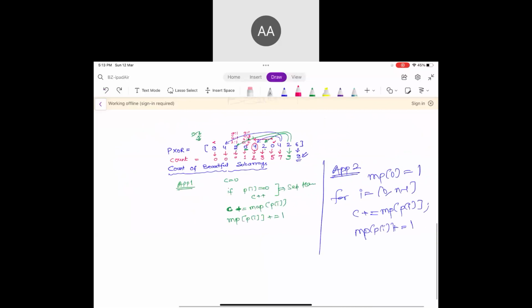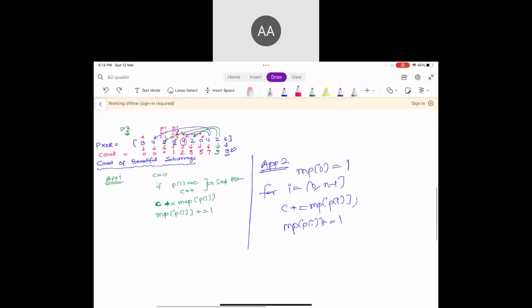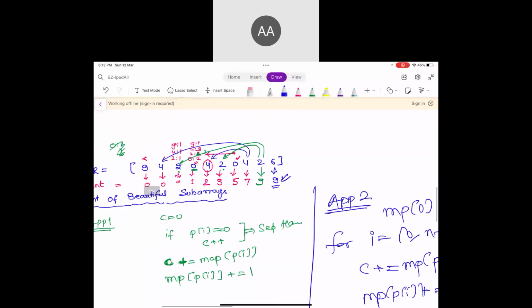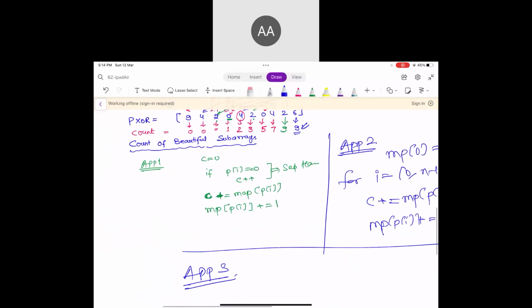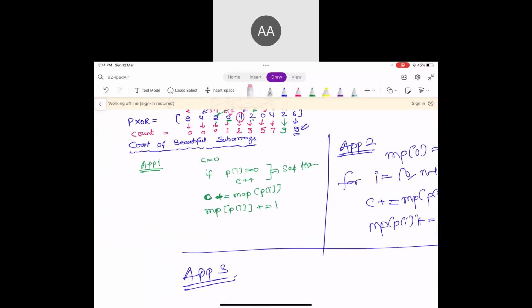There is a third idea also that we can do. What we can do is just loop over the prefix array and count the frequency of everyone. So if we loop over the prefix array, what is the frequency of 9? How many times is 9 occurring? 9 is occurring only 1 time.